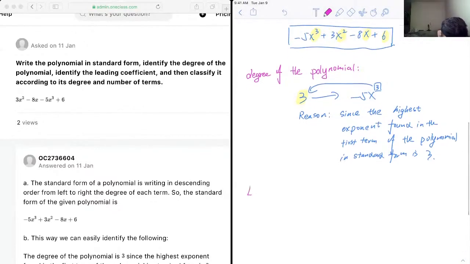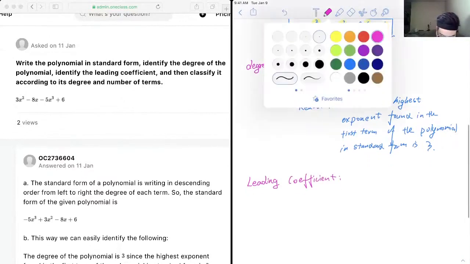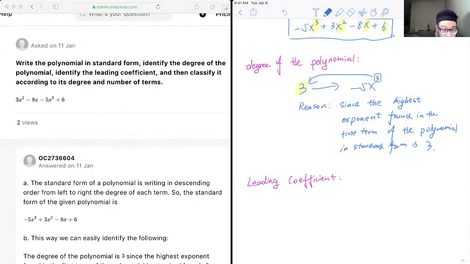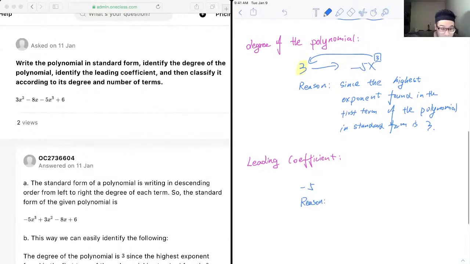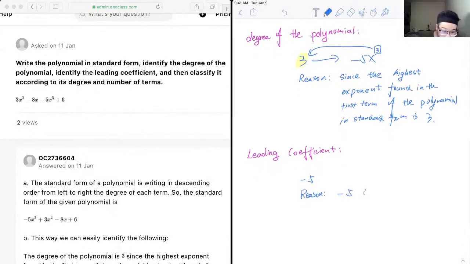In terms of leading coefficient, the leading coefficient should be negative 5 in our case, and the reason is that negative 5 is the coefficient attached to the variable that has the highest degree.